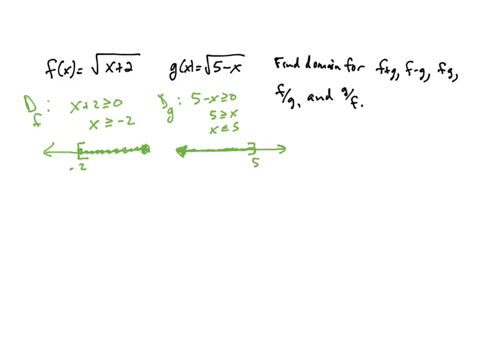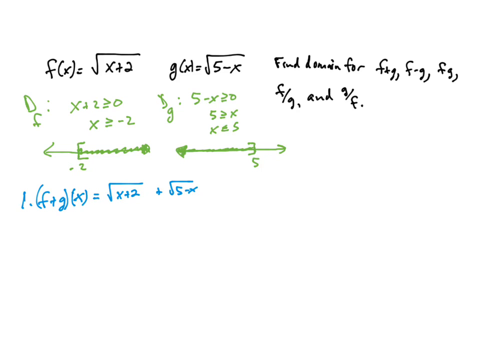Now let's go ahead and combine these functions by just what's asked for. So first of all, f plus g. Let's go ahead and actually find f plus g of x first and see what we get. So that's just square root of x plus 2 plus square root of 5 minus x.